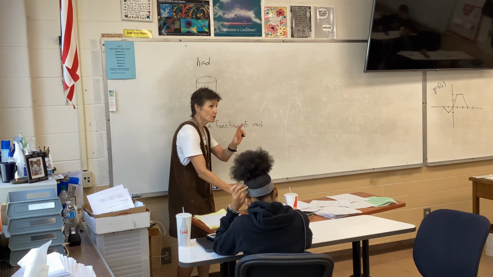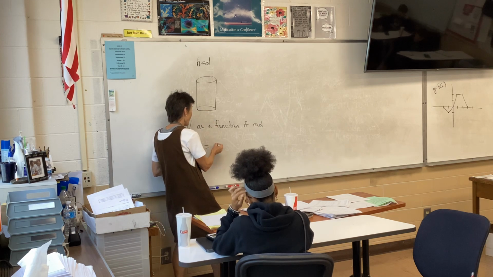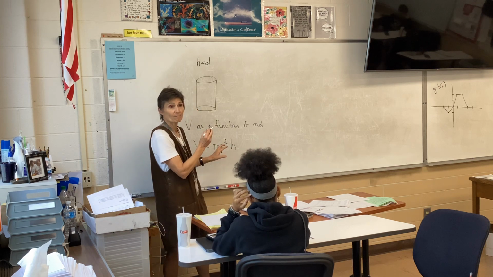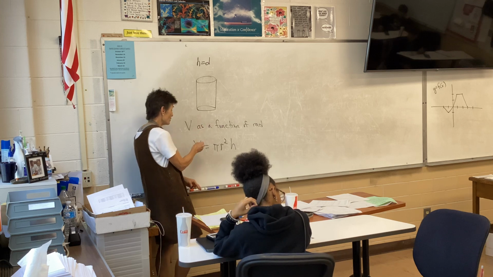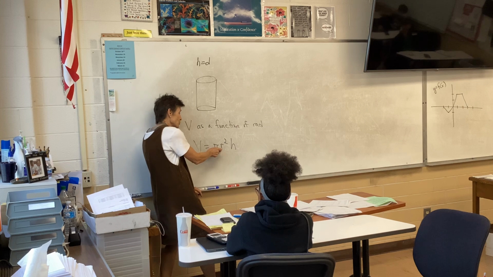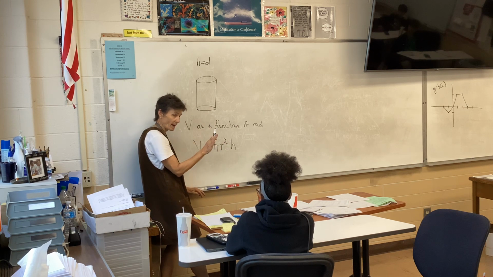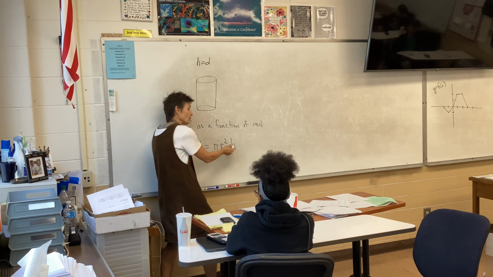So you should know that the volume of a cylinder is pi r squared h. That's the formula for the volume of a cylinder. Now, notice that in this formula for volume, there are two variables, r and h, which is fine, except this problem says you're only to have r's.